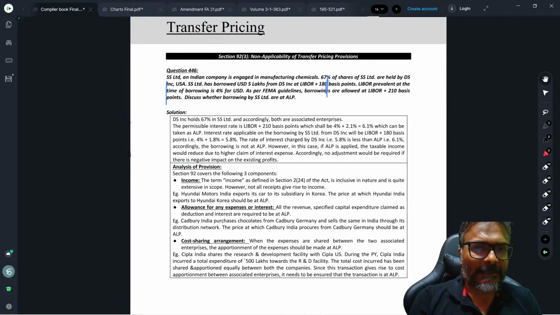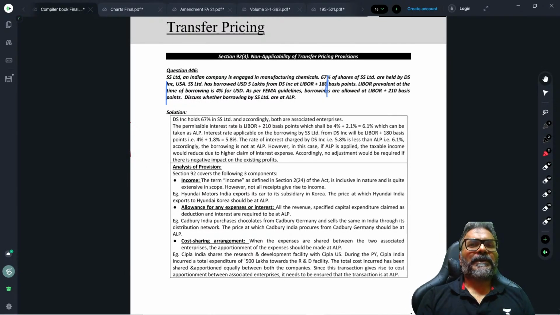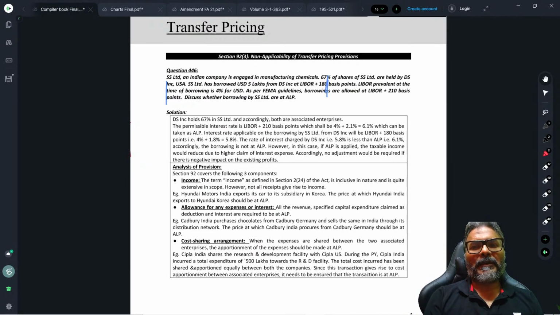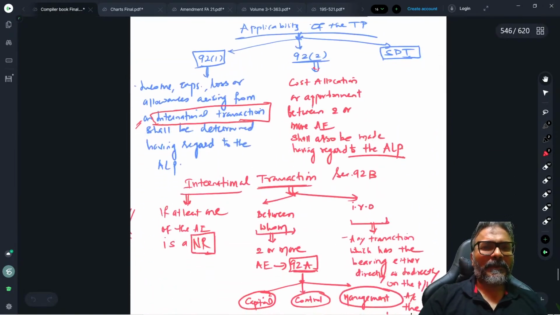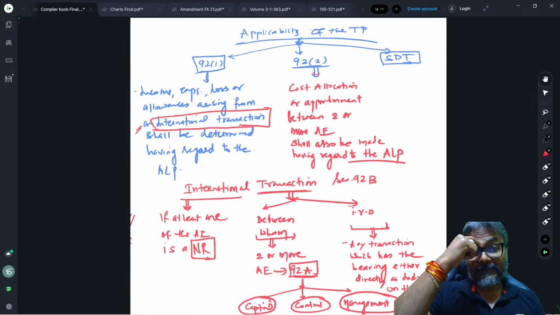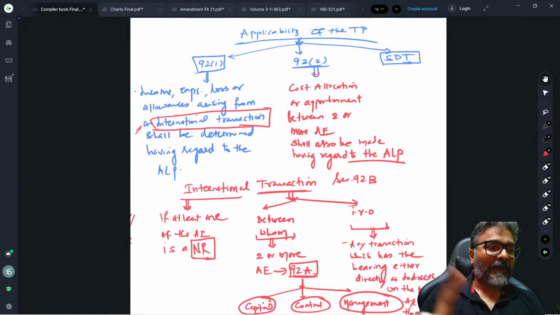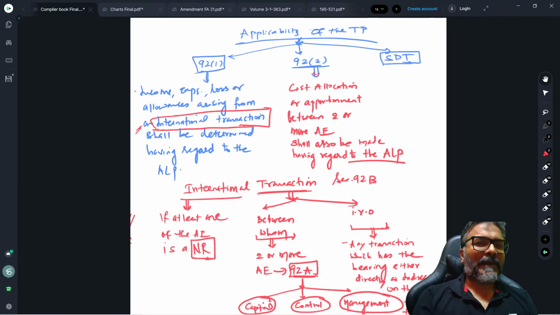So students, let's start on this one then. The first point you can see here is about the applicability and non-applicability of the transfer pricing provisions. Students, very quickly, I think all of you are aware. Look into the applicability of transfer pricing provisions: Section 92(1), 92(2), and specified domestic transaction. So far as applicability is concerned, we have Section 92(1), Section 92(2), and then the specified domestic transaction.